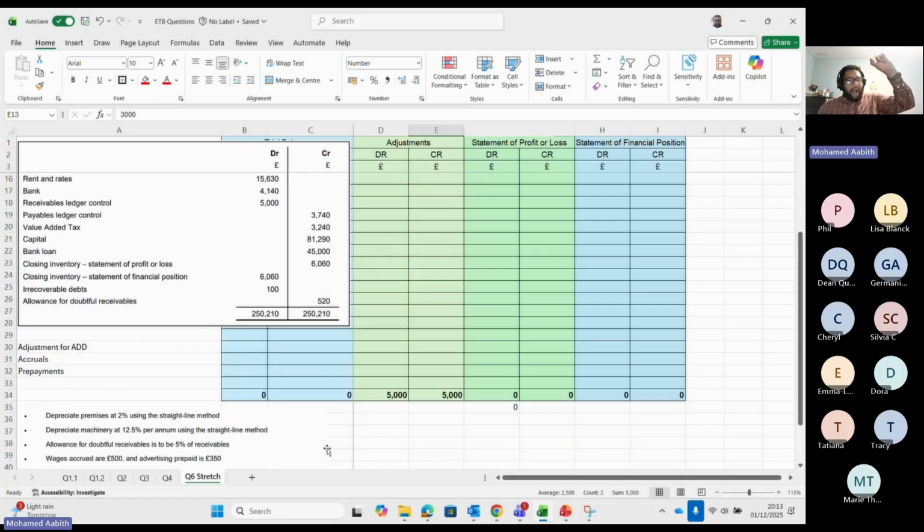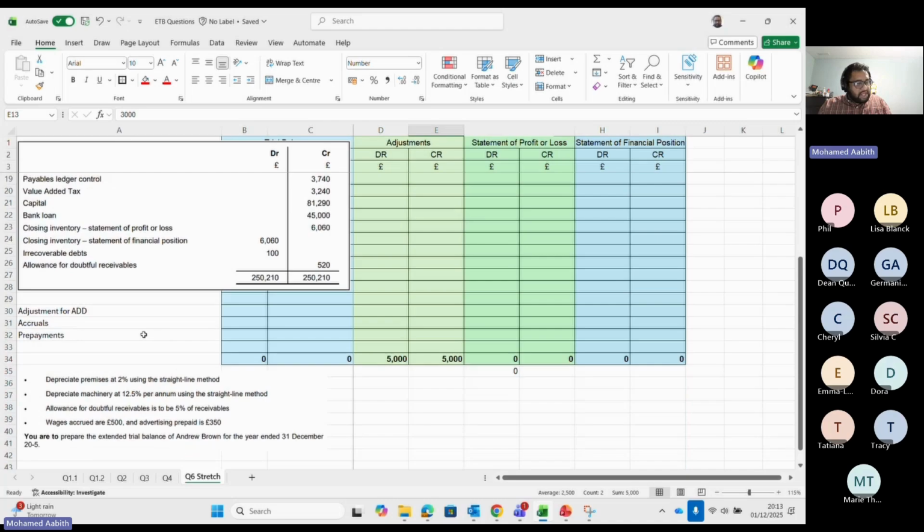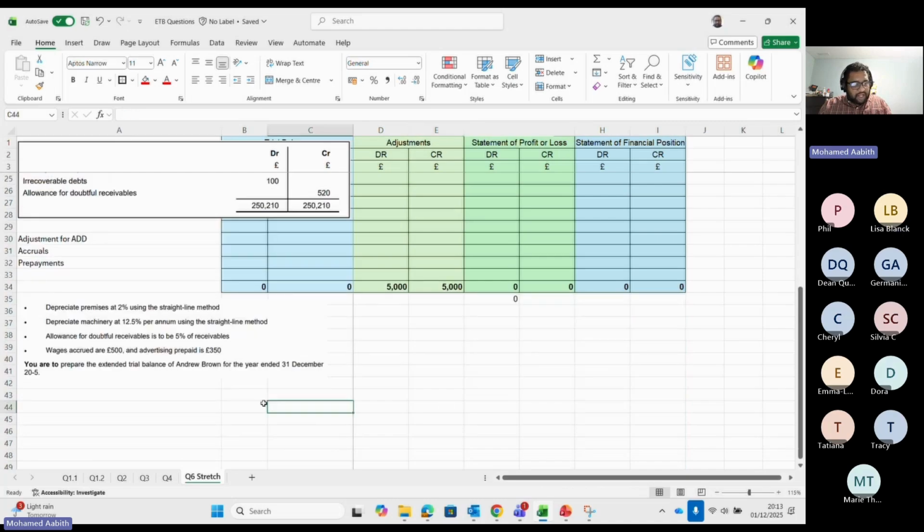Is that going to go up or come down? We are going to consider 5% of the receivables. So the new allowance for doubtful debt is going to be 5,000 times 5%, which is 250.